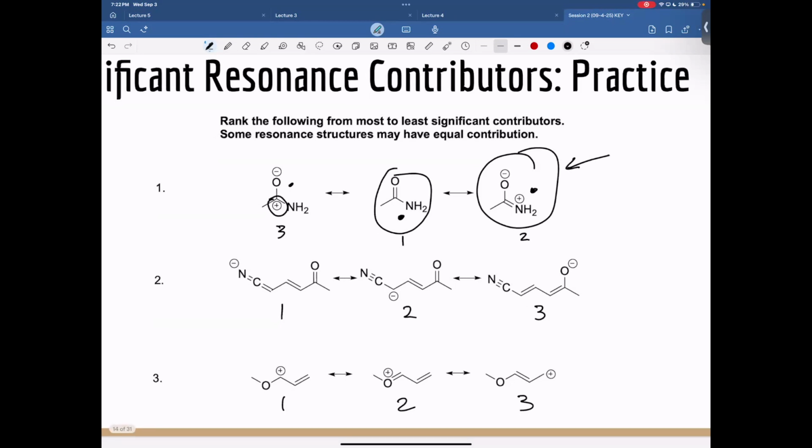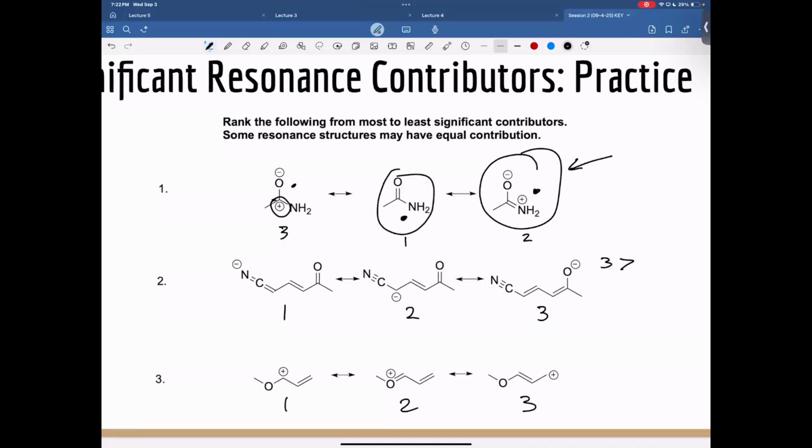So this one, the answer was 3, 1, 2. And by the way, I think I heard you say that there's a negative charge on the carbon, and that's why you excluded it. But it's fine to have a charge on there because it still would have a full octet. It's when it's a carbocation that it's not going to have a full octet, and that's when you can exclude it automatically.